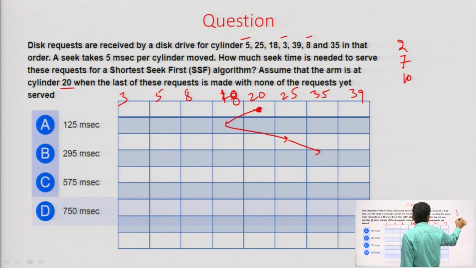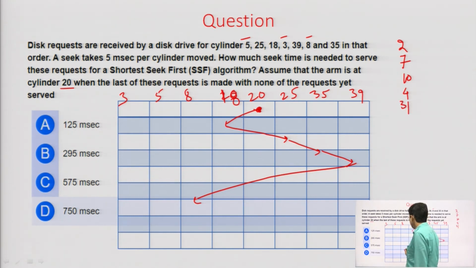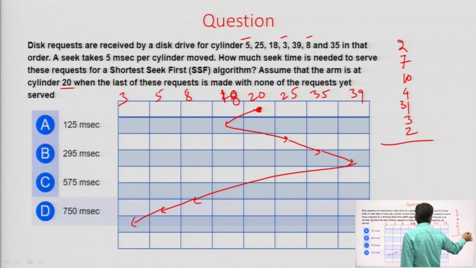So, go to 10 distance for 35 and then from 35 you can move to 39 travelling 4 distance. From 39 you have to go down to 8. So, 31 distance actually has been taking place and then from 8 to 5 3 distance, then from 5 to 3 2 distance. So, if you add all these 9, 19, 23, 28 and 39, 31.